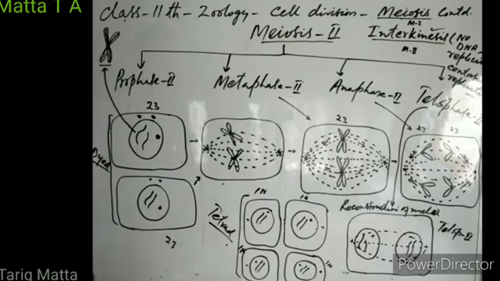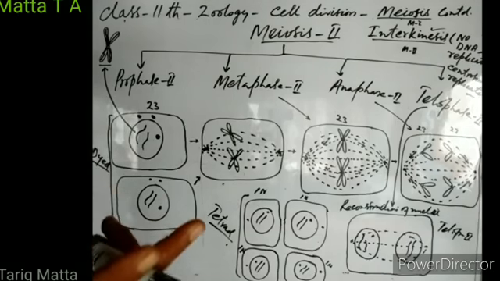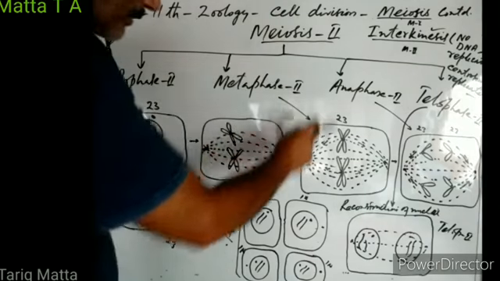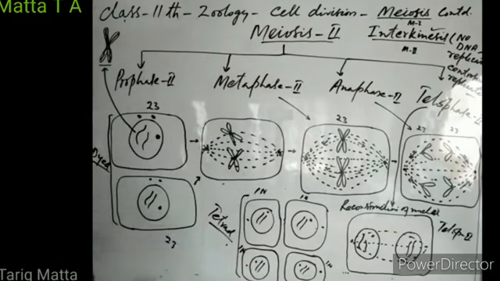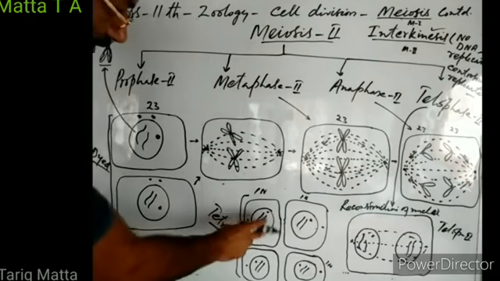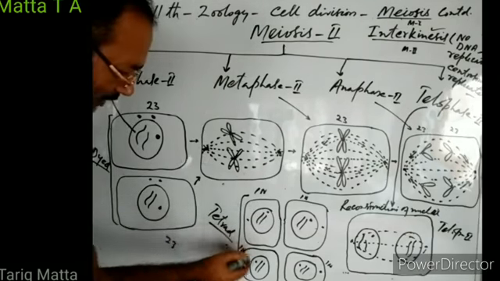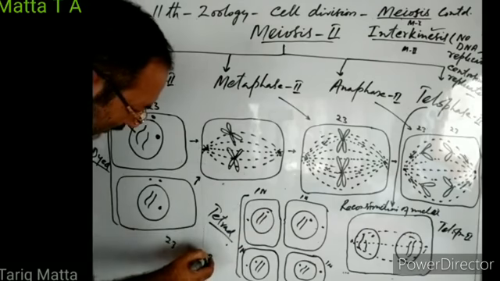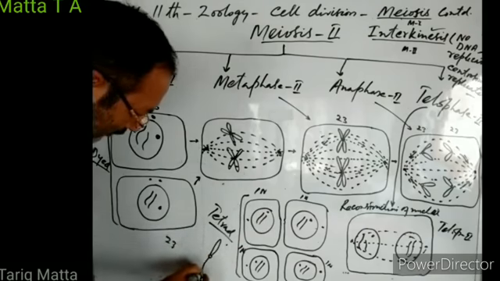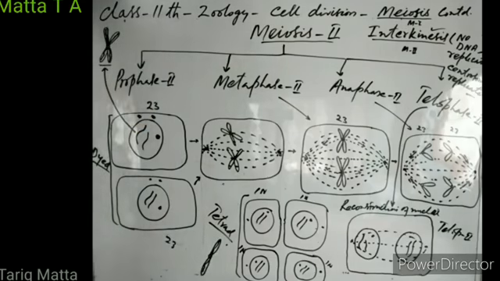At the end of meiosis second, four daughter cells are produced, but each of these daughter cells has a single DNA molecule in its chromosome. So that is why meiosis second is necessary.